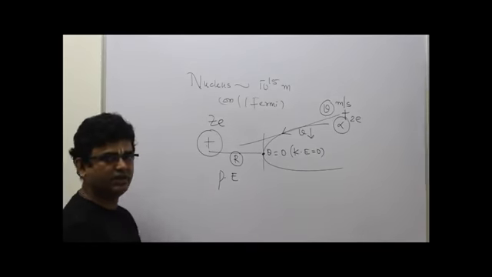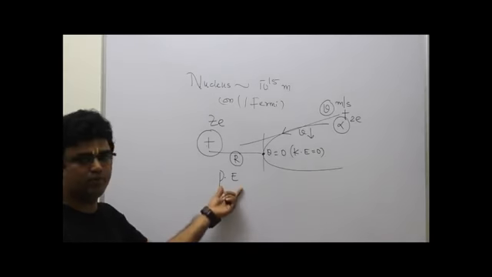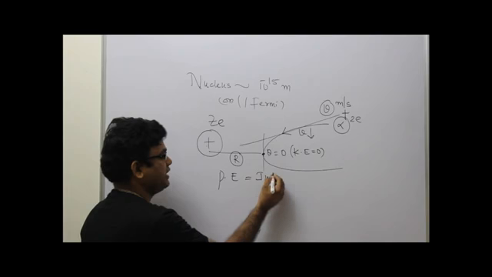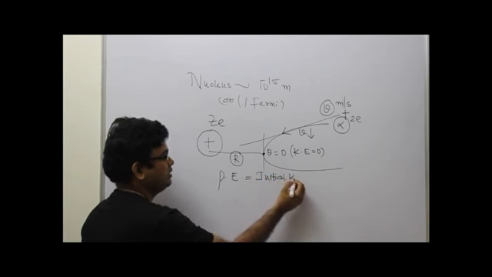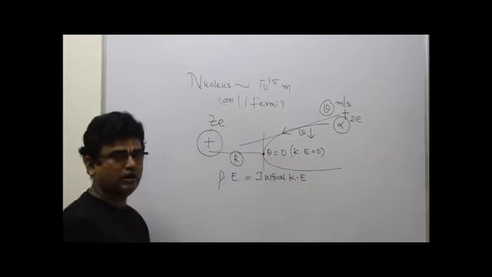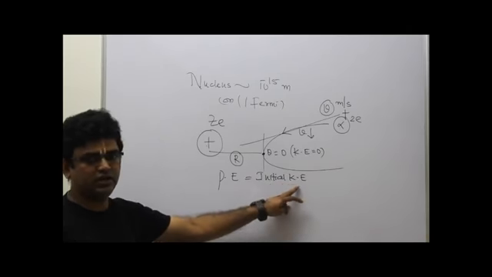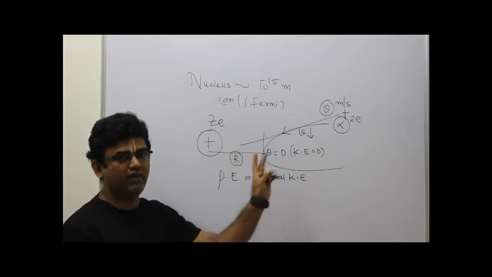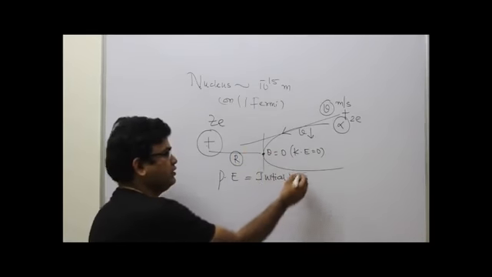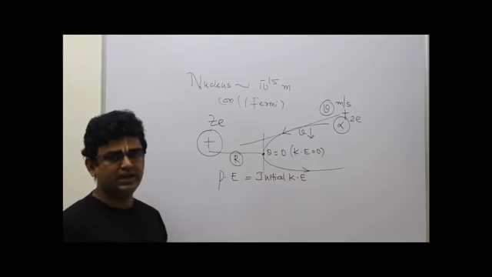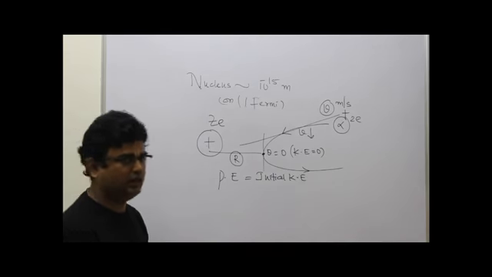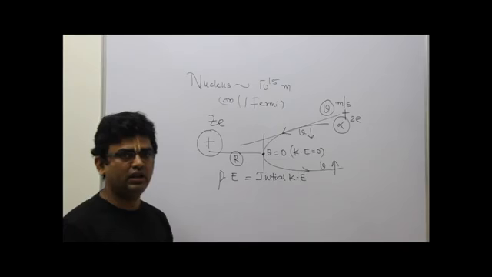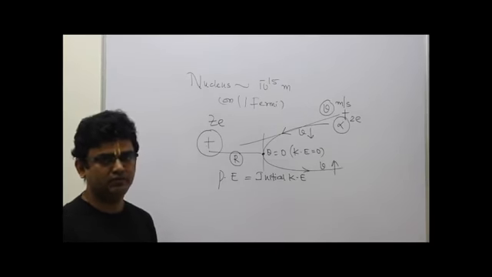According to conservation of energy, this electrostatic potential energy will be transformed into the initial kinetic energy, and this kinetic energy will accelerate the alpha particle away from the nucleus. So, this is the direction of the alpha particle. Then velocity will go on increasing till it reaches its initial velocity.